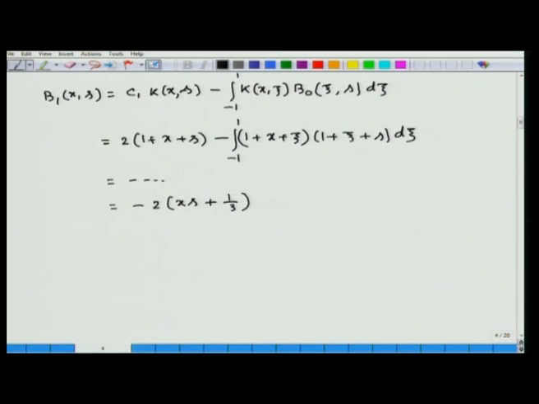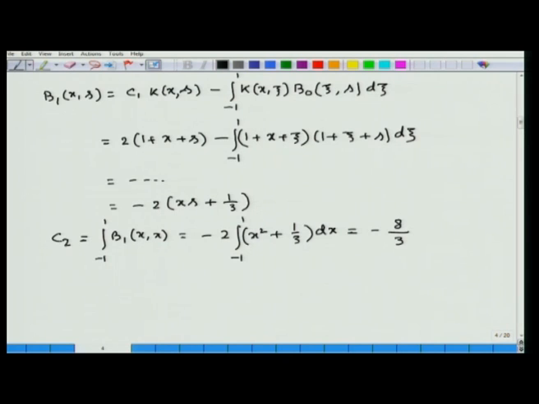With this B1(x, s), we can calculate C2. C2 is equal to the integral from -1 to +1 of B1(x, x). So, this will be equal to -2 times the integral from -1 to +1 of (x² + 1/3) dx, and after evaluating this integral you can find this will be equal to -8/3.